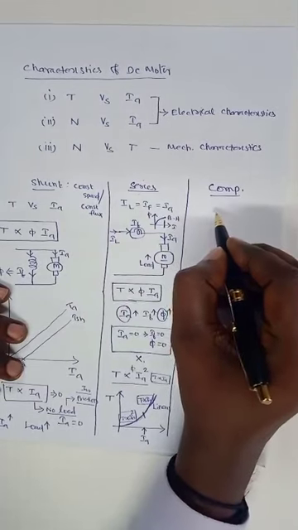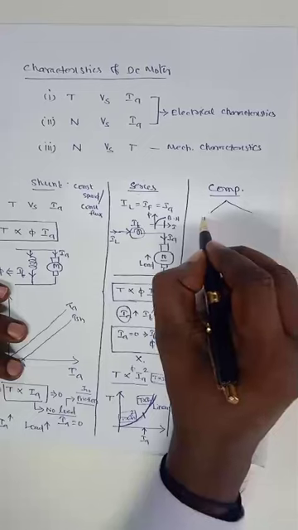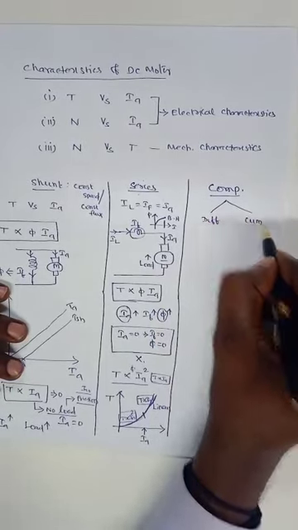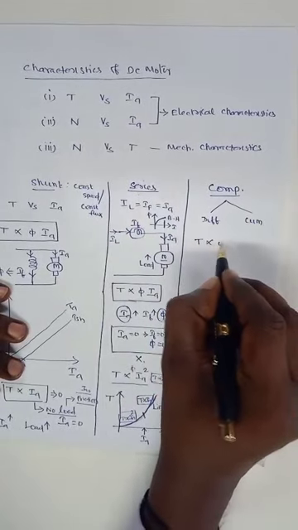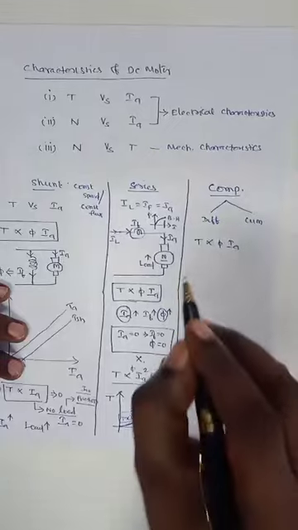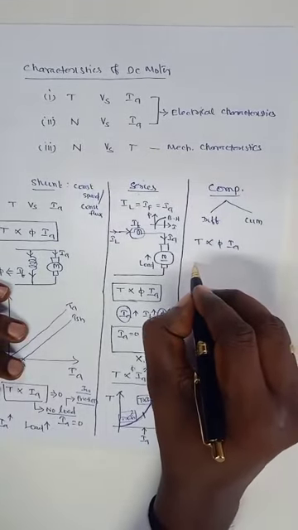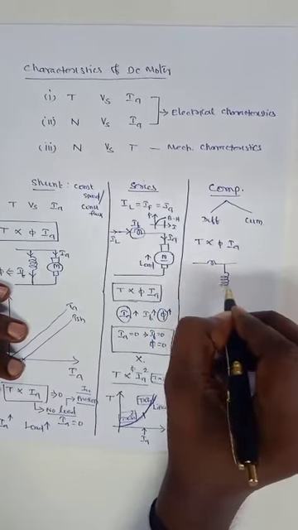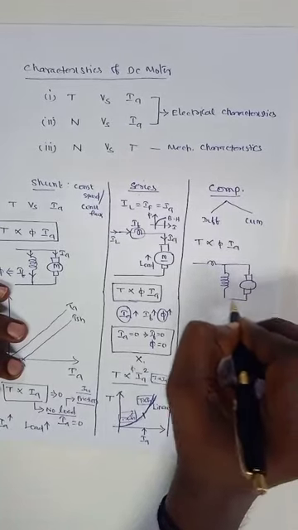Then the characteristics for the compound motor. Here we have two categories: differential compound motor and cumulative compound motor. As we said, the torque is proportional to phi Ia. The compound motor has a series field winding, a shunt field winding, and the armature winding.